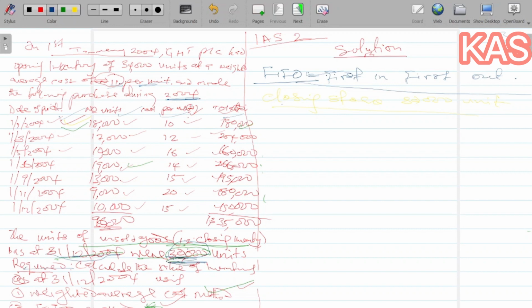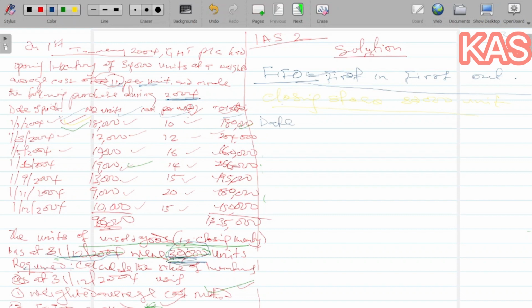If that purchase is not up to what is stated as the closing inventory, we go to the one before the last purchase and do the same thing. If we still do not get the exact amount, we go to the one before that, until we arrive at our closing inventory.